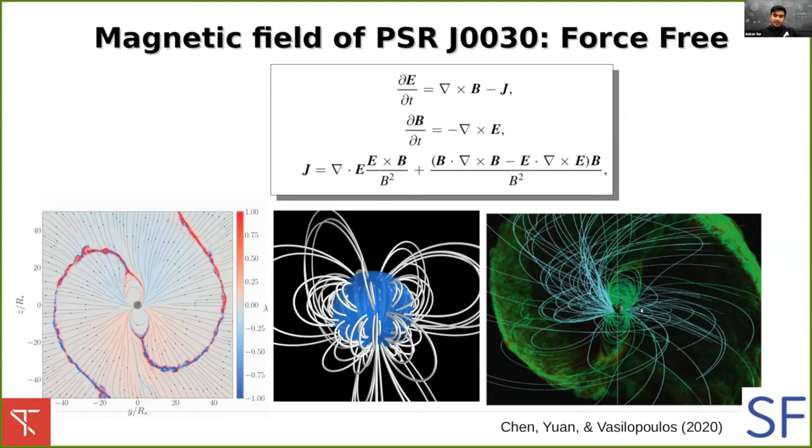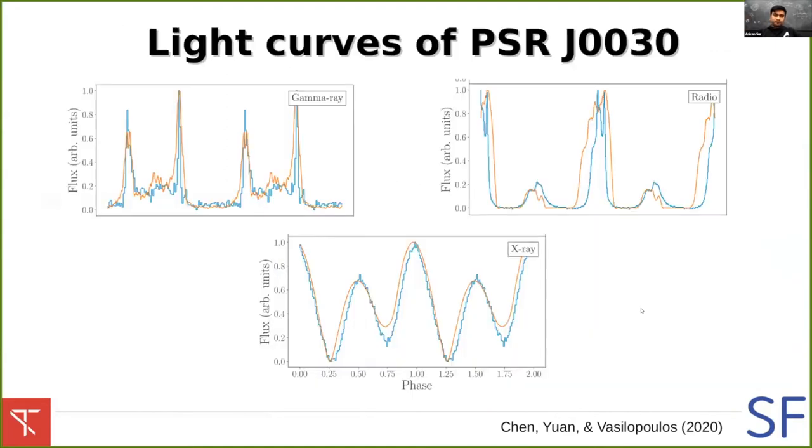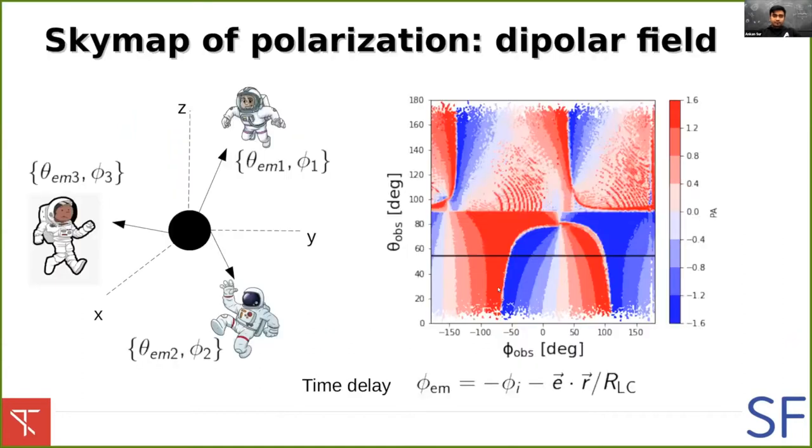Now, this field was able to simultaneously produce the light curves of PSR J0030 in gamma rays, in radio waves, and in X-rays.